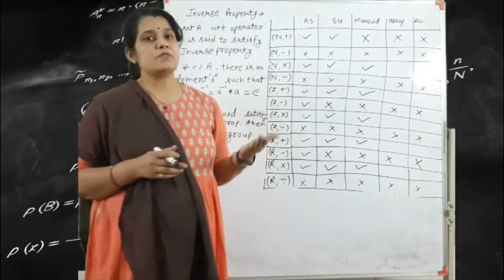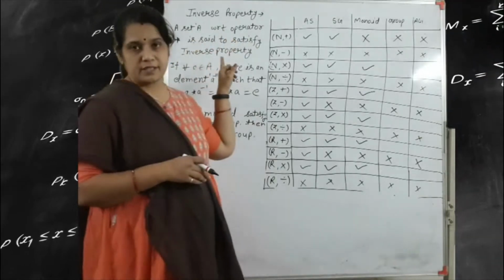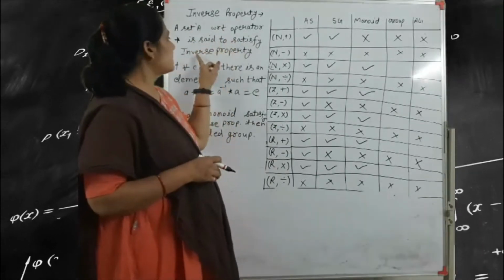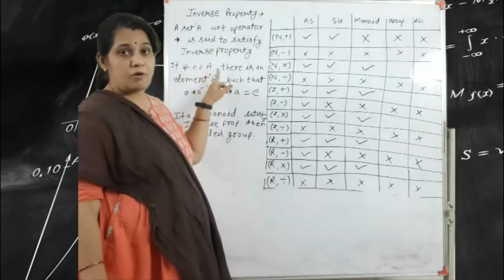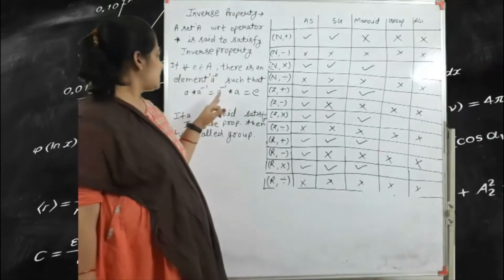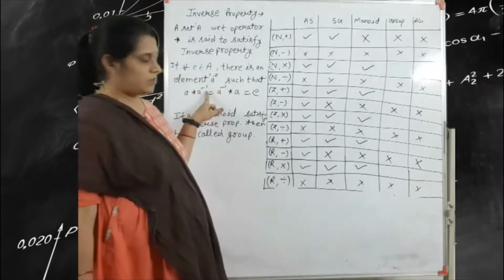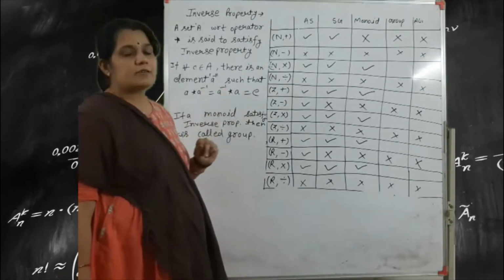So what is the inverse property? A set A with respect to operator star is said to satisfy the inverse property if for all a belonging to A, there is an element a inverse such that a star a inverse is equal to a inverse star a is equal to e.